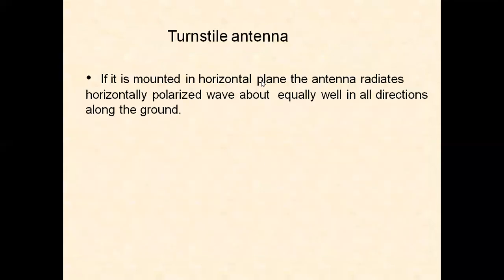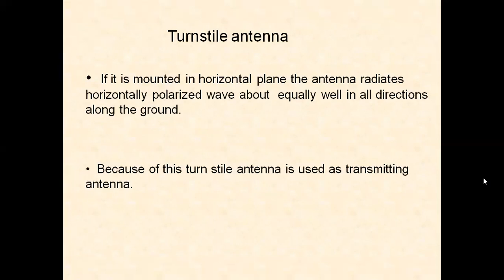If it is mounted in a horizontal plane, the antenna radiates horizontally polarized waves about equally well in all directions along the ground. So when the antenna is horizontally polarized, there is radiation equally in all directions along the ground. Because of this, the turnstile antenna is used as a transmitting antenna.